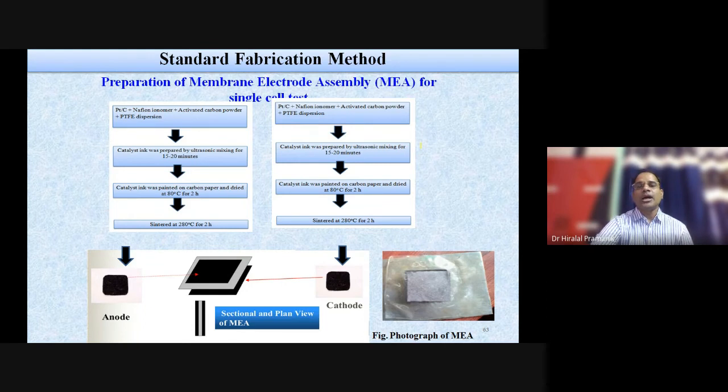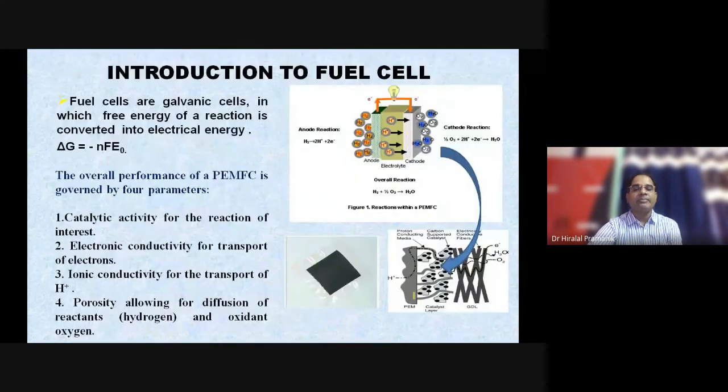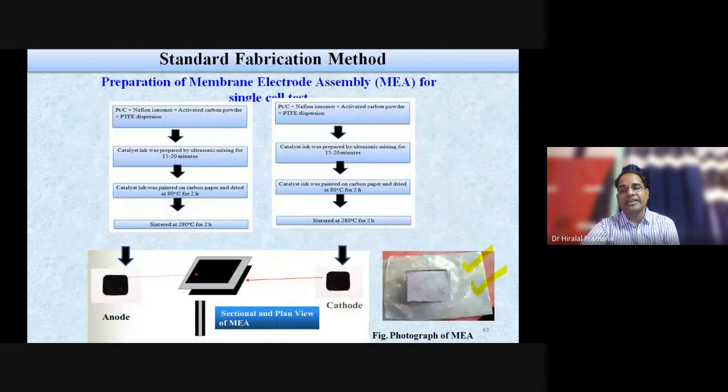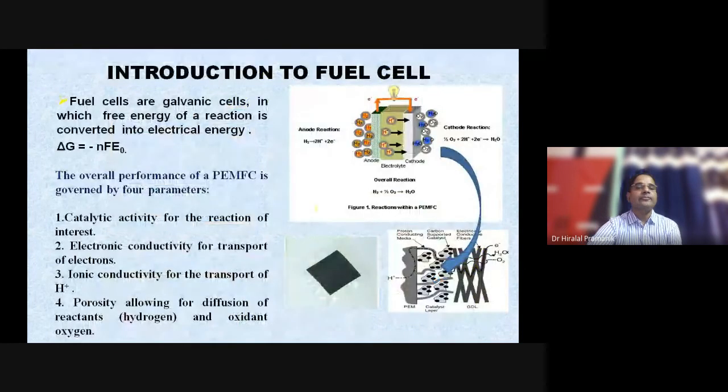Keeping the membrane in between the anode and cathode, it is hot pressed, and we get this type of membrane electrode assembly: one side anode and the other side cathode. Remember, the catalyst side will always be the inner side. In between the membrane and GDL, the catalyst is there. This is the original photograph of the membrane electrode assembly, and this is basically the cell.